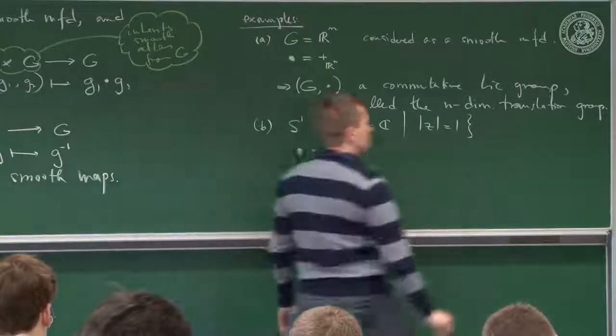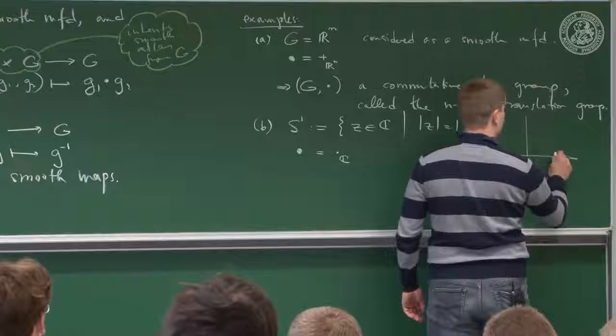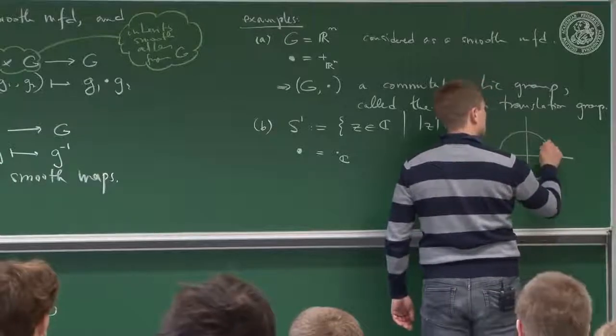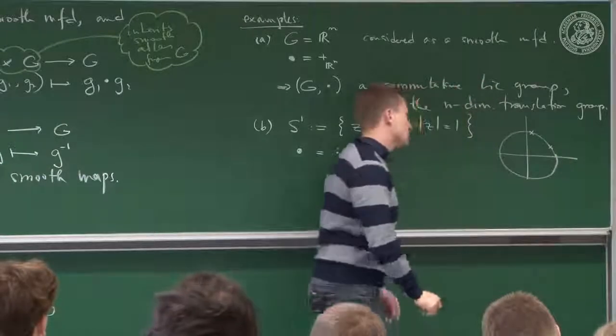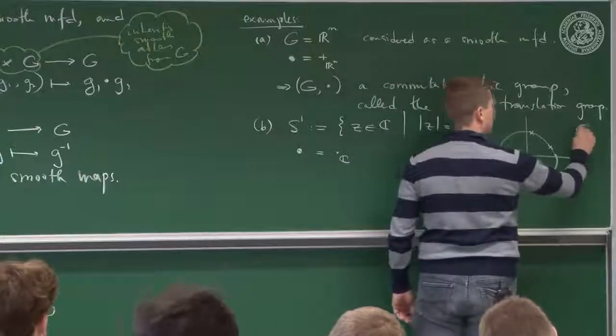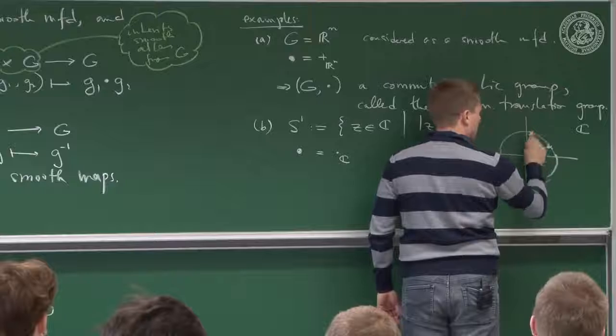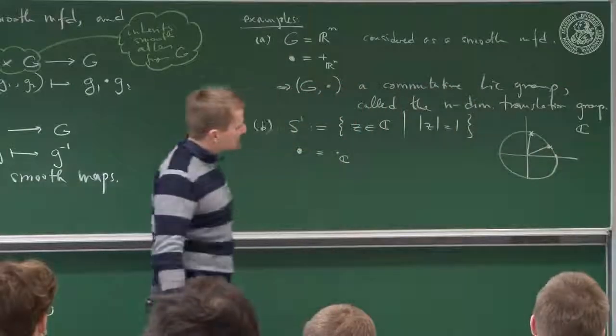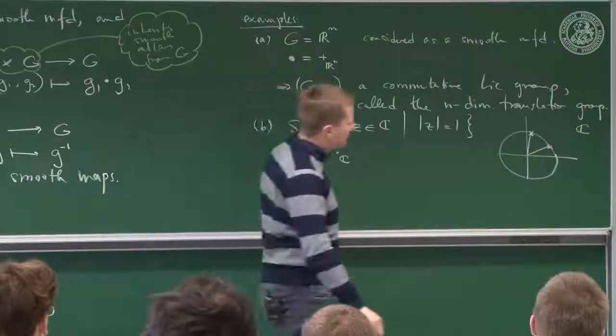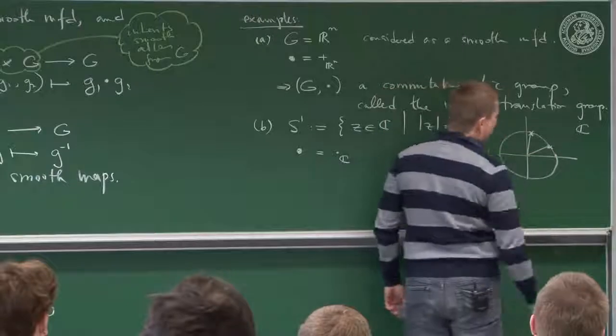Now you know that if you take two complex numbers lying on the unit circle in the complex plane, then multiplying them multiplies their radii, but they're 1, and it adds their angles.